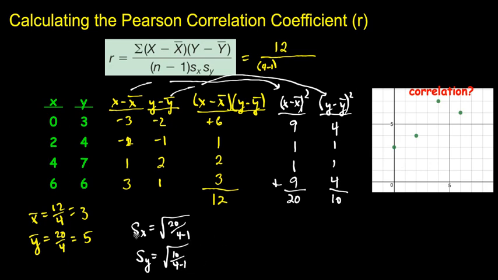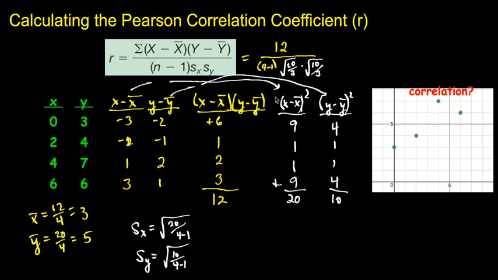And if you need to review that, look back at the video we just had a little bit ago about calculating standard deviation. So up here in our calculation, standard deviation of our x's is the square root of 20 over 3, whatever that is. And then the standard deviation of our y's is the square root of 10 over 3.